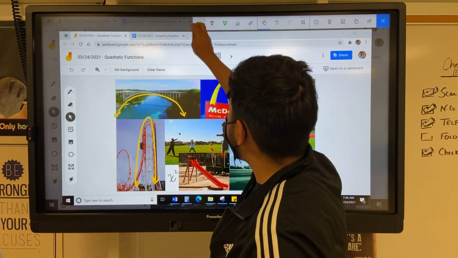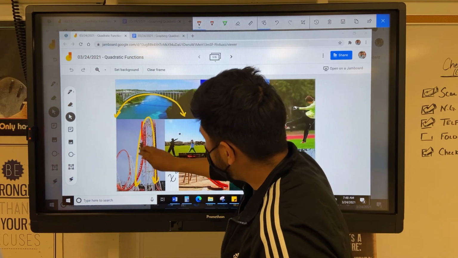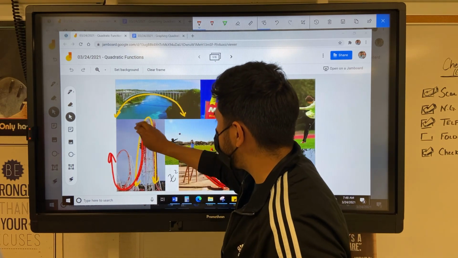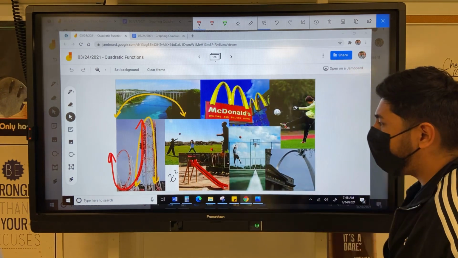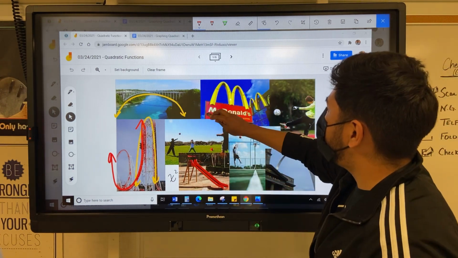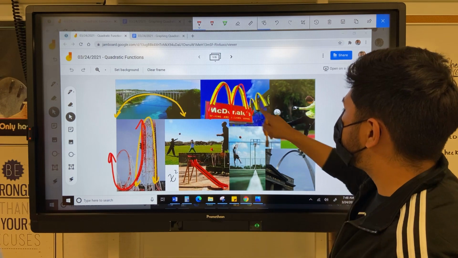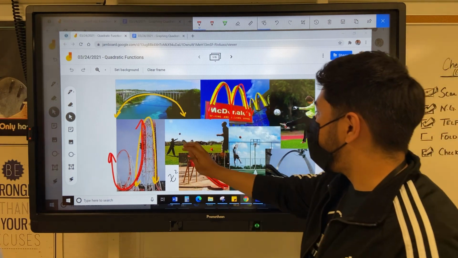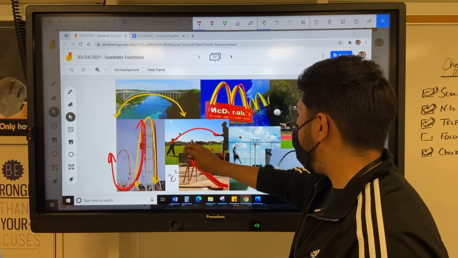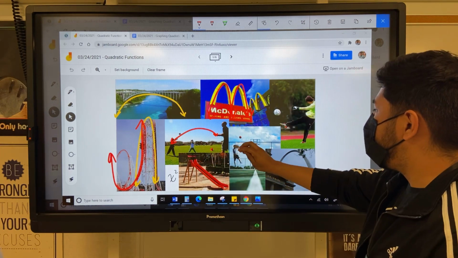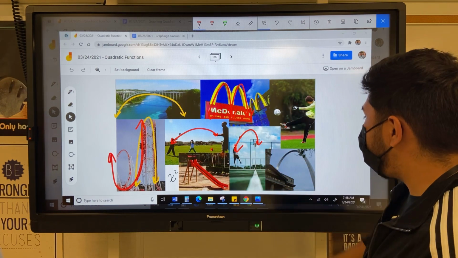Oh, but check it out, there's another one right here too, before it does a little turn. So there's two parabolas right there. McDonald's, parabola, parabola, that's two parabolas. Throwing a football, parabola. Shooting a basketball, parabola.